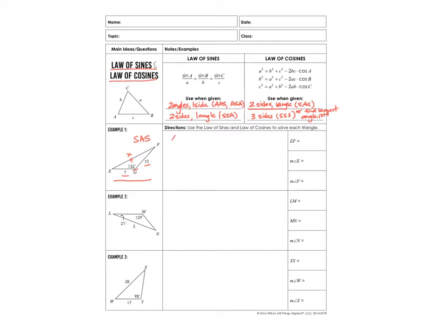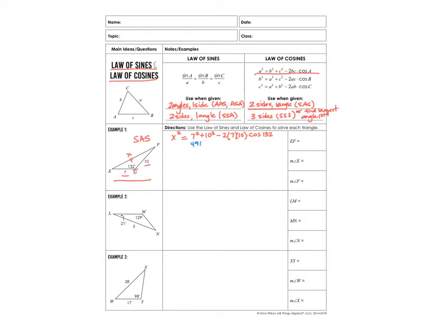Okay, so let's do X squared equals our two sides, 7 squared plus 10 squared, minus 2 times 7 times 10, times the cosine of our angle, which is 132. So we're going to work that out and solve.